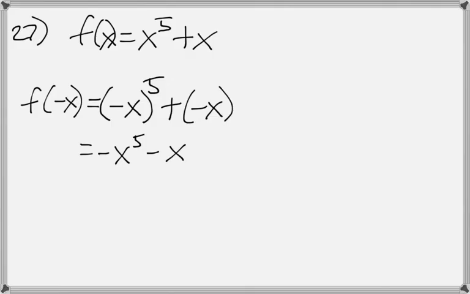So if I compare this function to the original, so I've plugged in negative x, I've simplified it. Every single sign is opposite, meaning I have x to the fifth and a negative x to the fifth. I have plus x and I have minus x, comparing the two functions.